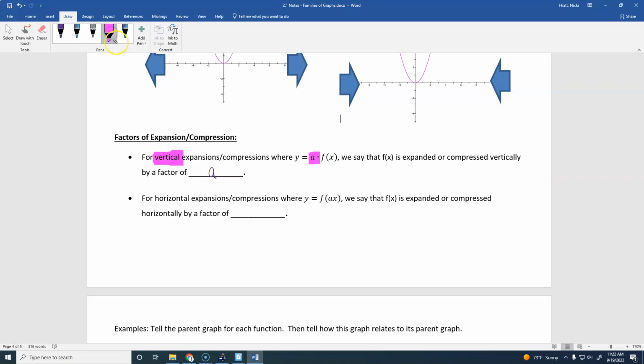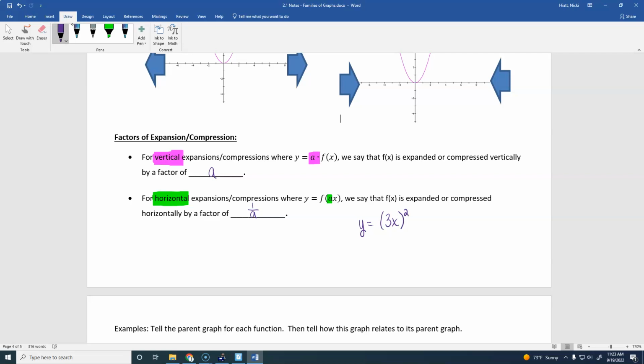Things on the inside of the parentheses are backwards, right? So whenever we have a horizontal expansion or compression, our A is going to be on the inside of the parentheses. And we say that it is expanded or compressed horizontally by a factor of 1 over A. So for example here, if I've got y equals 3x squared, I'm multiplying by 3 on the inside.